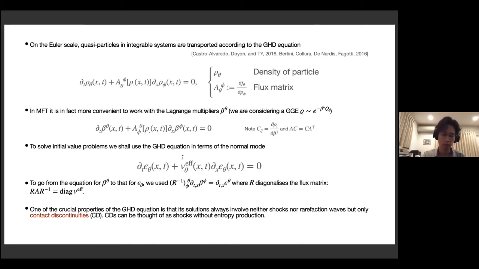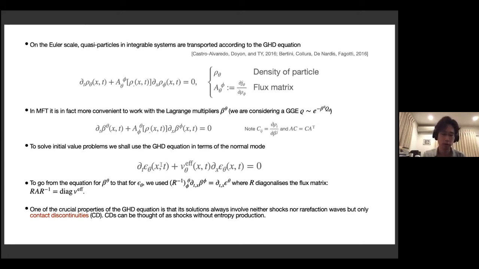I'm going to pick this particular normal mode, the pseudo-energy, because it is going to be a useful variable later. Usually people use, for example, the occupation number, which is made out of the pseudo-energy as well. The pseudo-energy is, roughly speaking, like the quasi-particle energy in the presence of interaction.